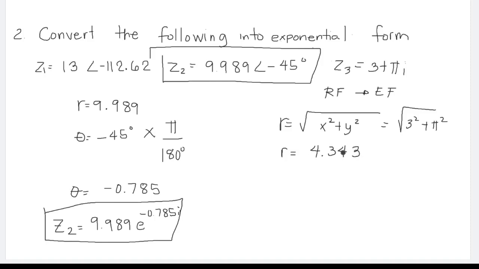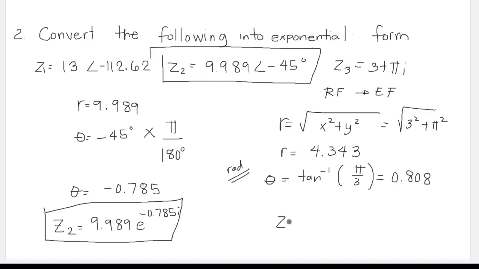4.343. Solving for angle. Since we are dealing with exponential form, our calculator must be in radian setup. So that's arctan of y over x, that is pi over 3. And this will result to 0.808.